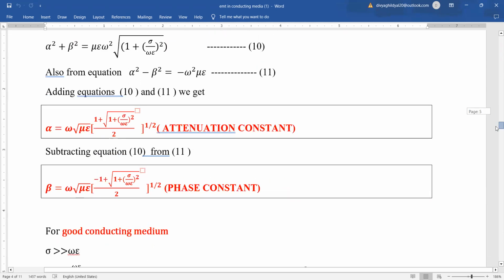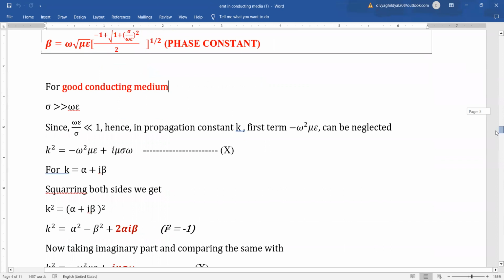Now, what we will do is we will see the case for a good conducting media. Sigma, that is conductivity, is very much greater than omega epsilon. That means, other way around, you can say omega epsilon upon sigma is very much less than 1.